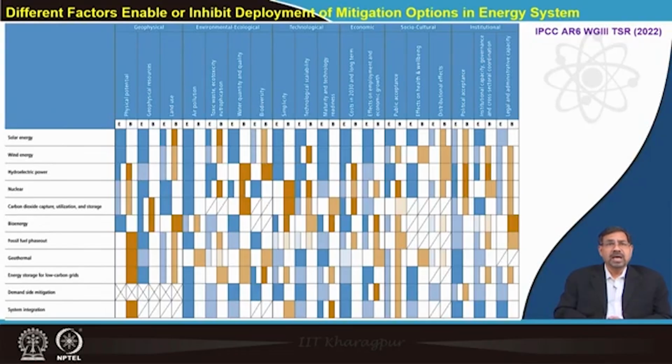Yes, it does enable, and the third one is in terms of land use. Land use acts in both ways. It is both an enabler and an inhibitor, because wherever possible it facilitates, but at places it also inhibits.